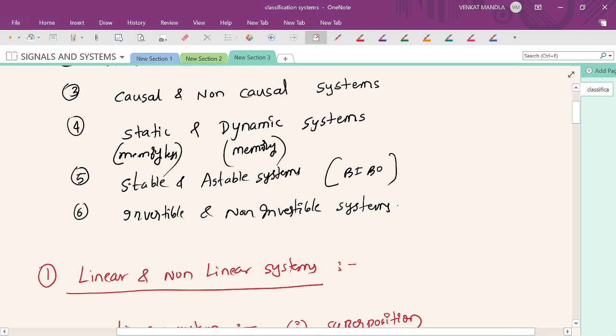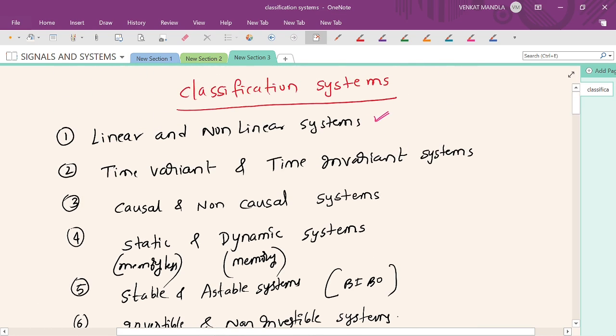If it is not possible to get x of t from y of t, then the system is non-invertible. Or if an inverse system doesn't exist for a system, then the system is said to be non-invertible. I'll discuss some problems on these things, then you will get some clarity.